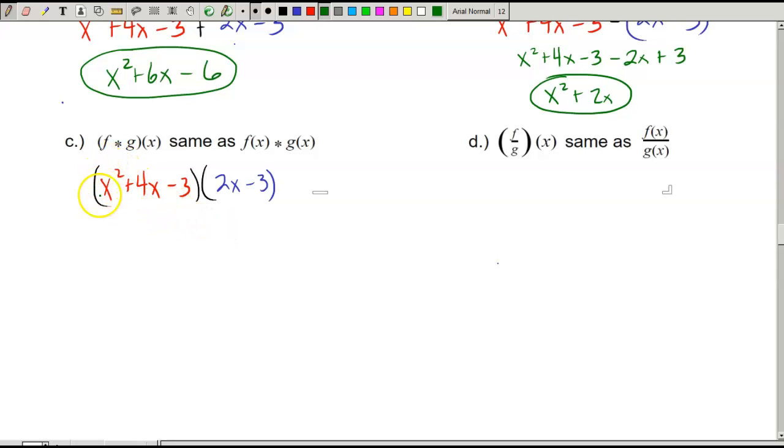But basically every single term of this red part is going to be multiplied by every single term in the blue part. So I'm going to do it a very traditional way.